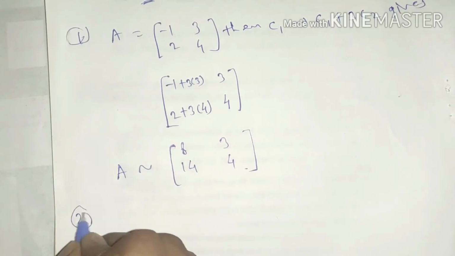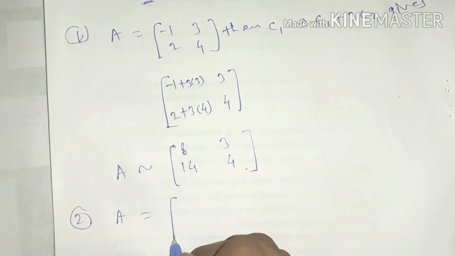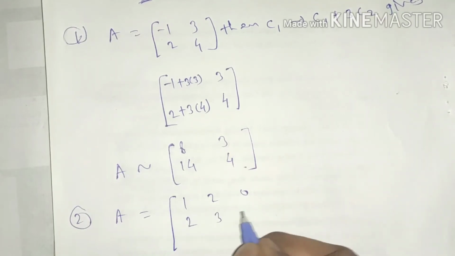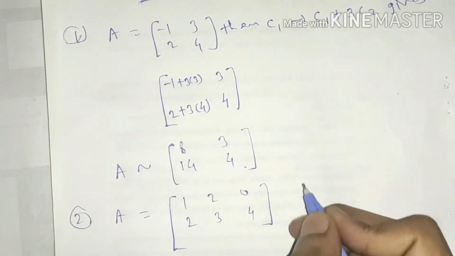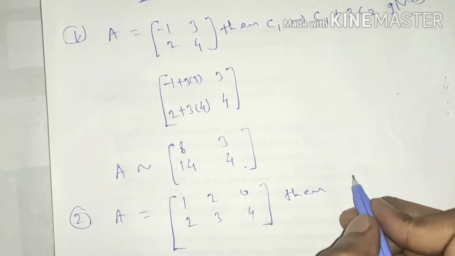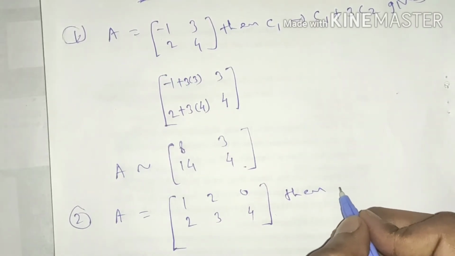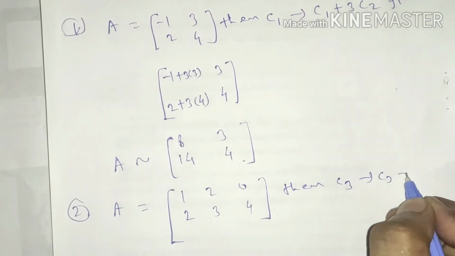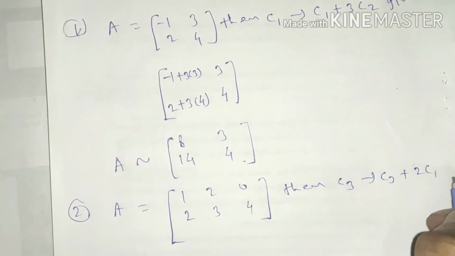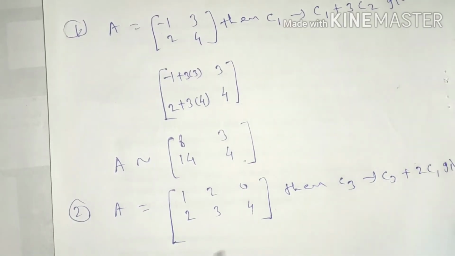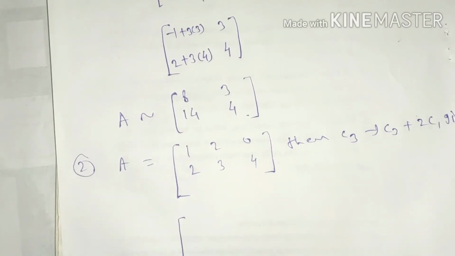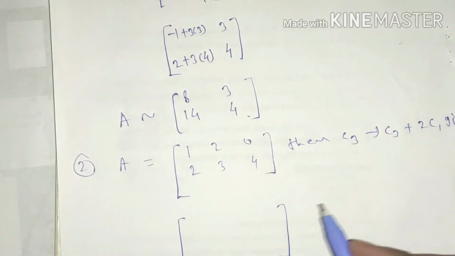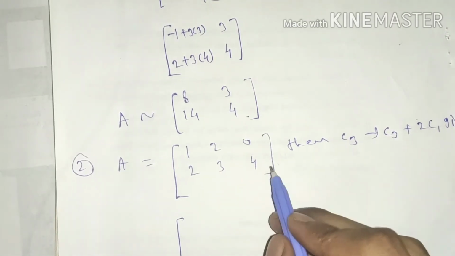See one more example. A is 1 2 0 2 3 4, then C3 changes to C3 plus 2 times C1 gives the new matrix. So here we only change the third column of the given matrix.